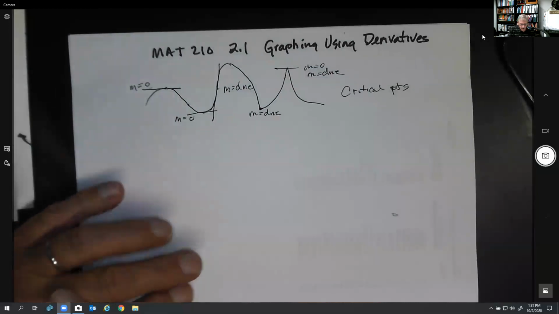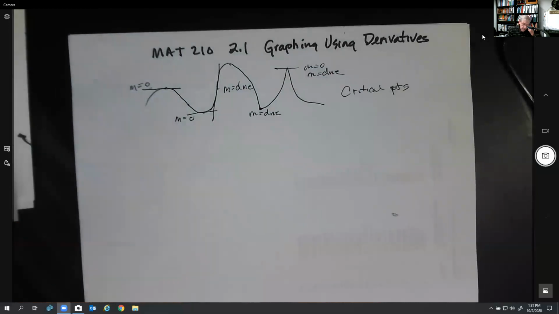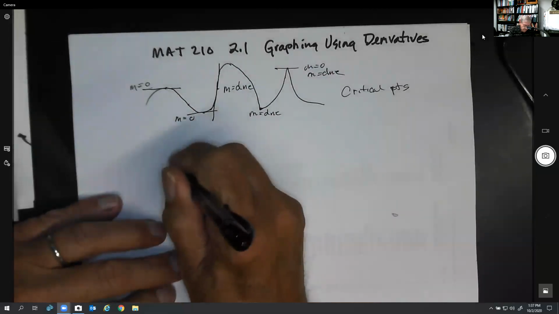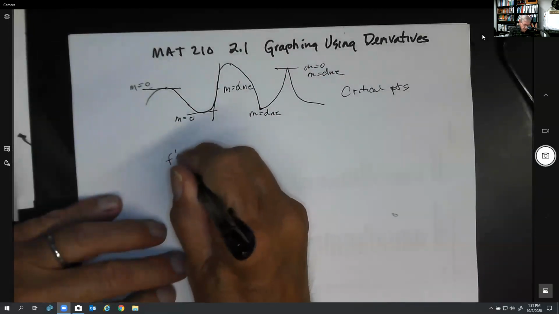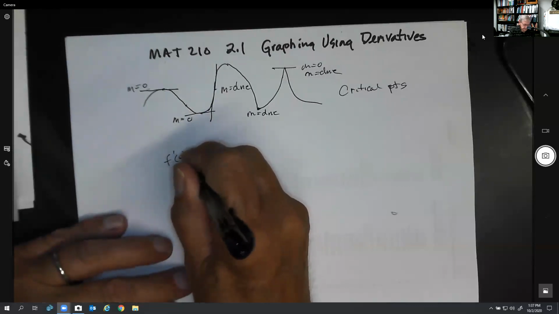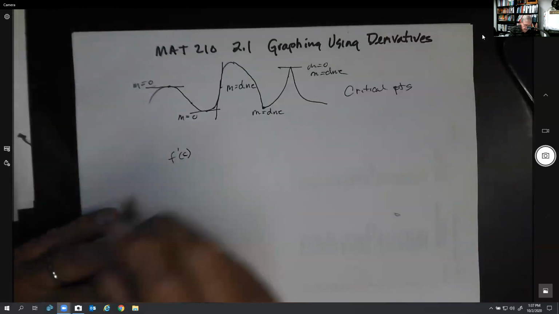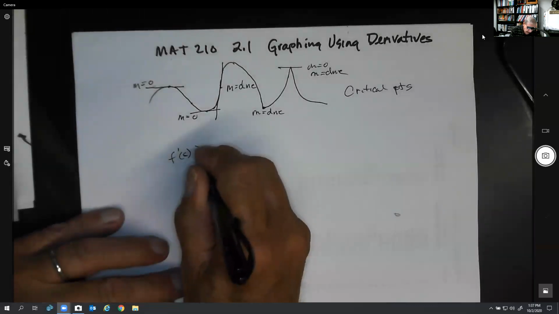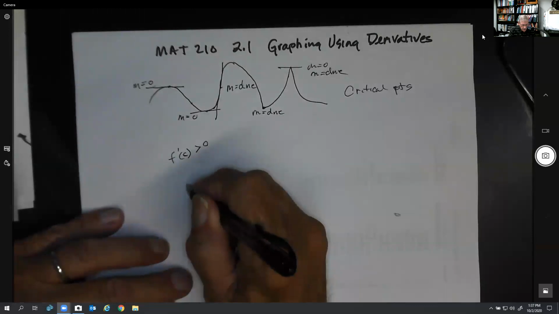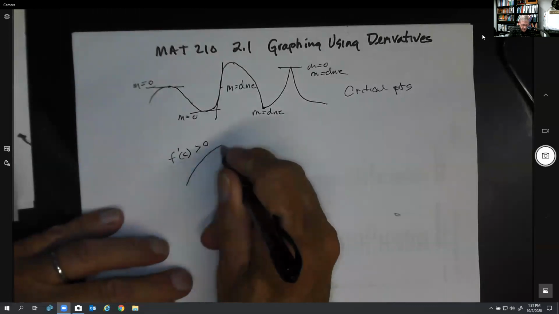The other thing about graphing with the first derivative is when we take the first derivative of some function, let's call it C. If it's positive, in other words, if it's greater than 0, then we know that the function is increasing.